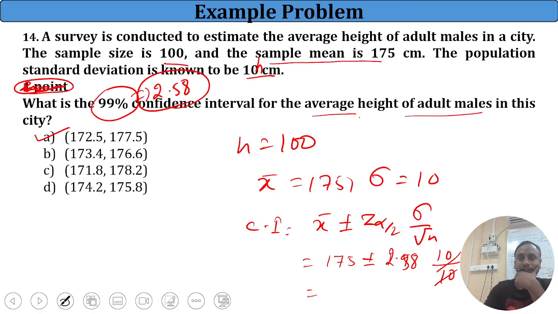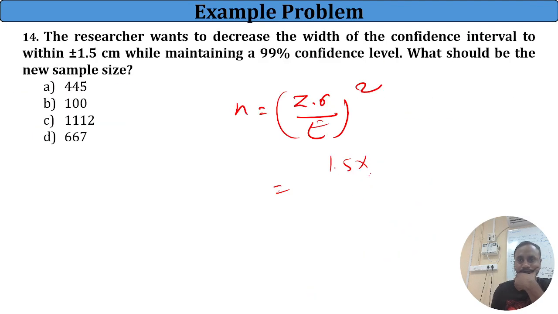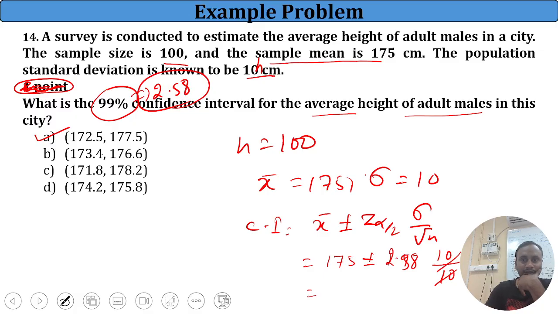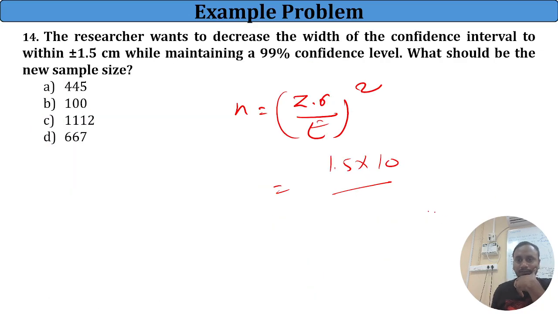Sigma we know from here only, 10. What is the error? How much will it come? 15, 20, 2 to 5.